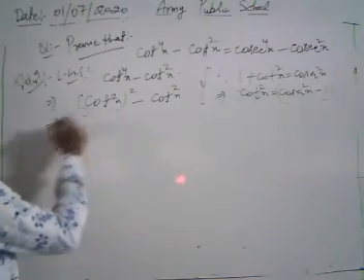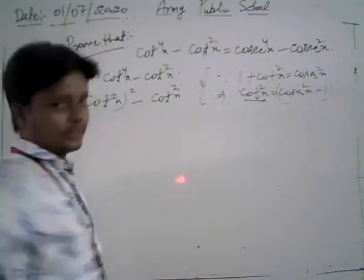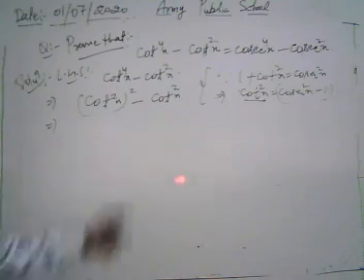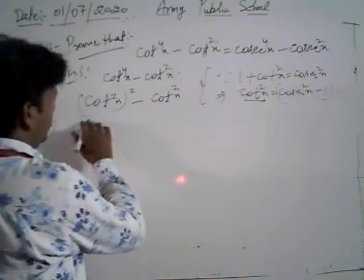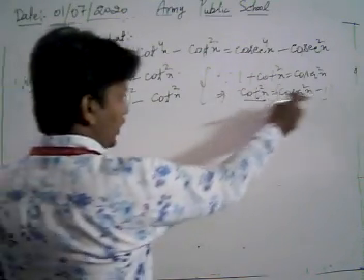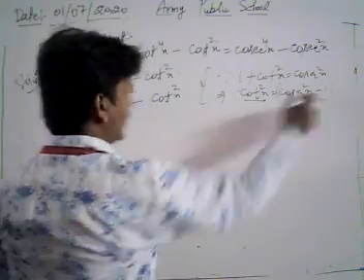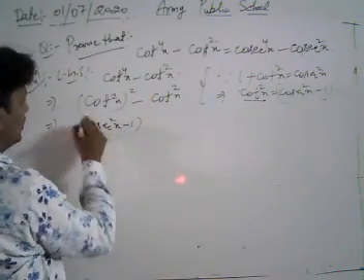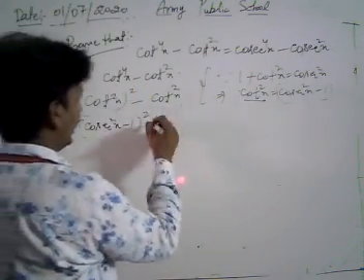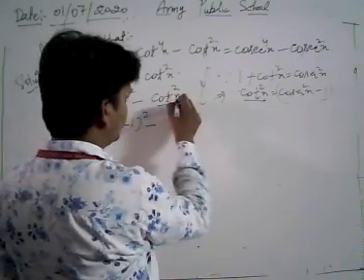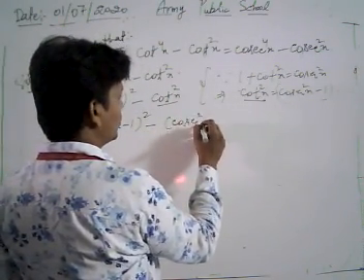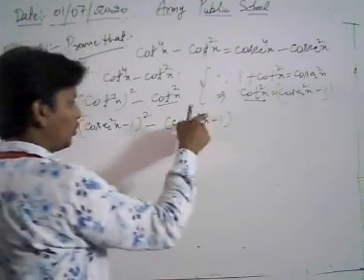Now here we put the value of cot square x. Cot square x is equal to cosec square x minus 1. So we get cosec square x minus 1 whole square, and minus, here we put cot square x as cosec square x minus 1.